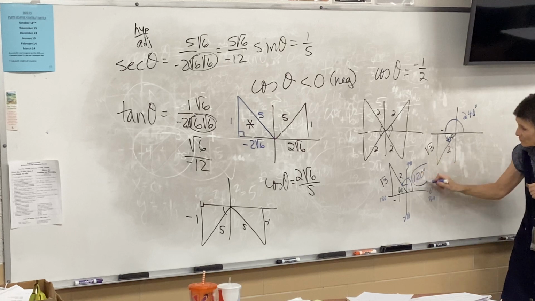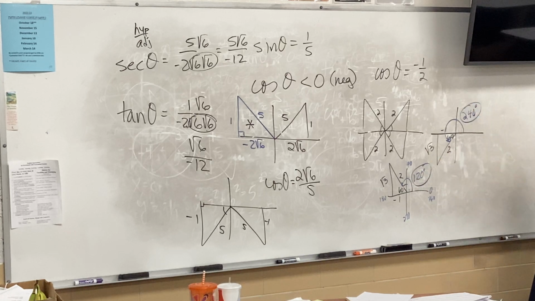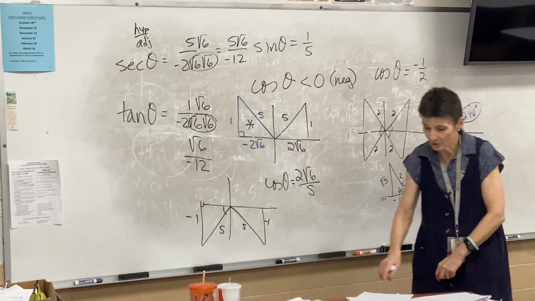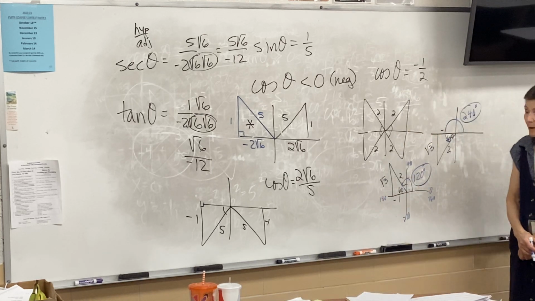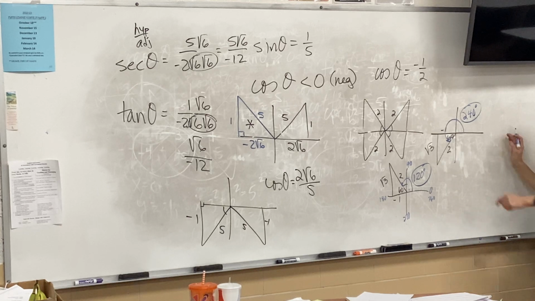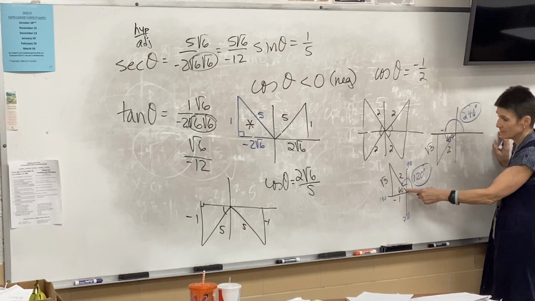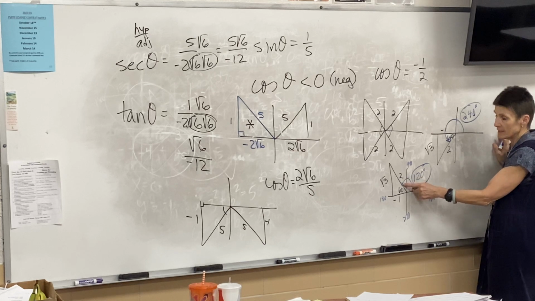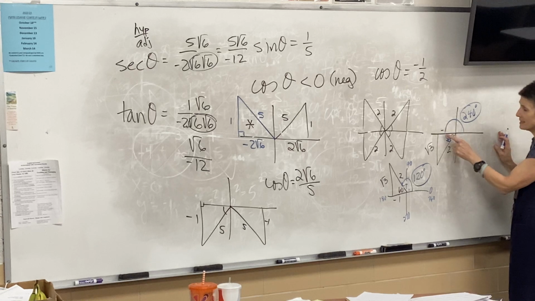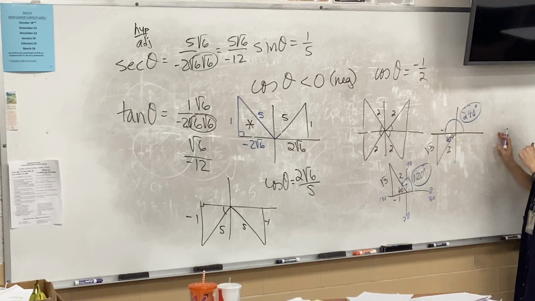So the answers to that problem are 120 and 240 in degrees. We're going to have to change those to radians in a minute, but those are degrees. The question says answer in degrees and radians. So I've got my degree answers. My reference angles are 60. This one is 60 less than 180, and this one is 60 more than 180.